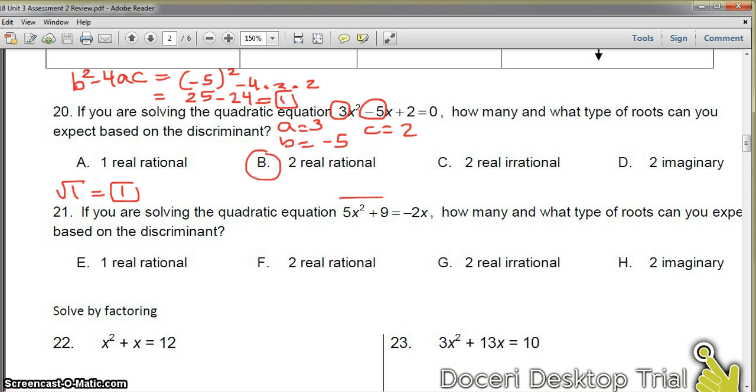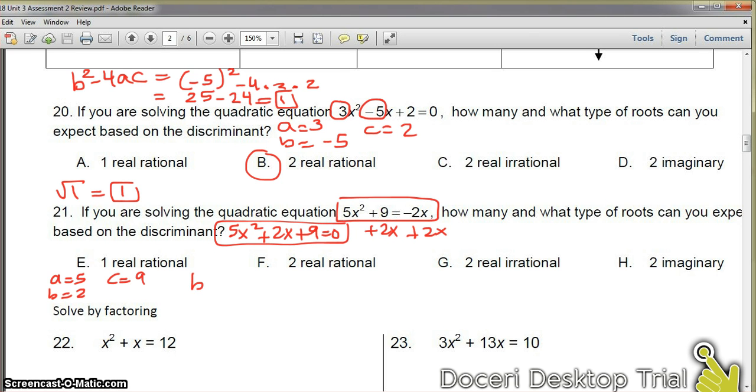Now 21 is the same thing, but as you can see, it's not written in standard form. You have to move the 2x to the other side by adding it, and remember to write it in order. So 5x squared plus 2x plus 9 is equal to 0. That is in standard form. Now you can calculate the discriminant. So a is 5, b is 2, and c is 9.